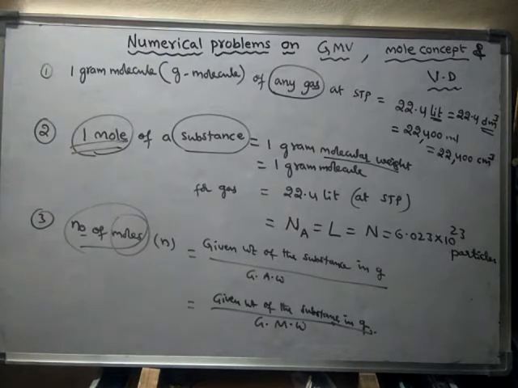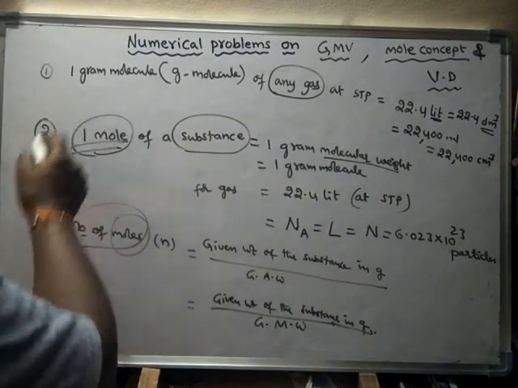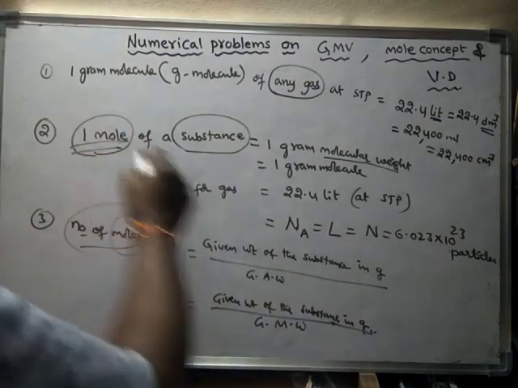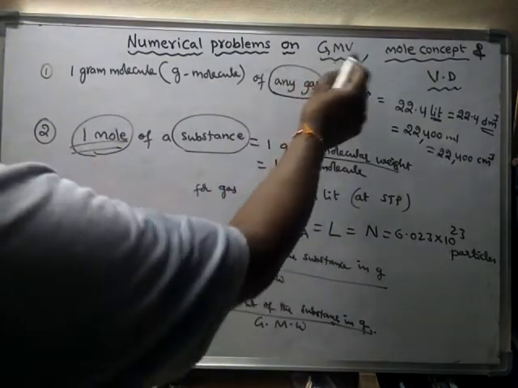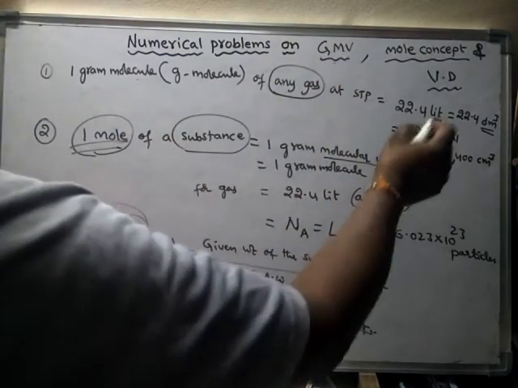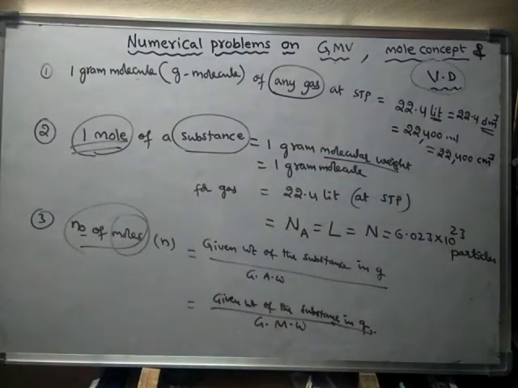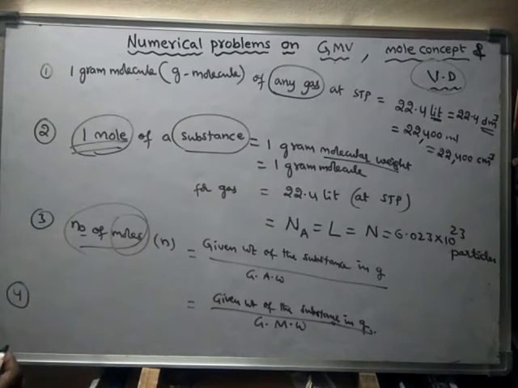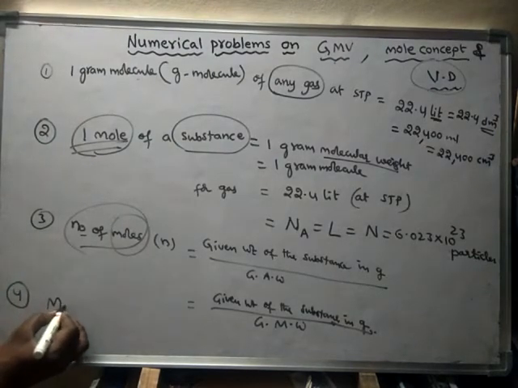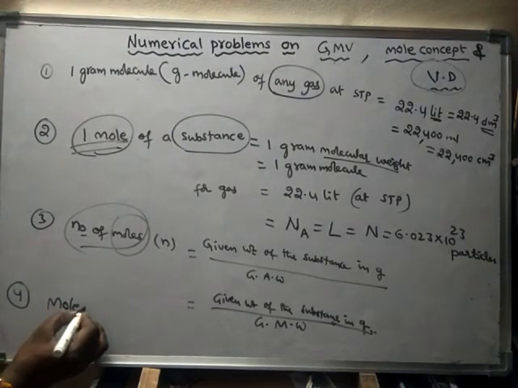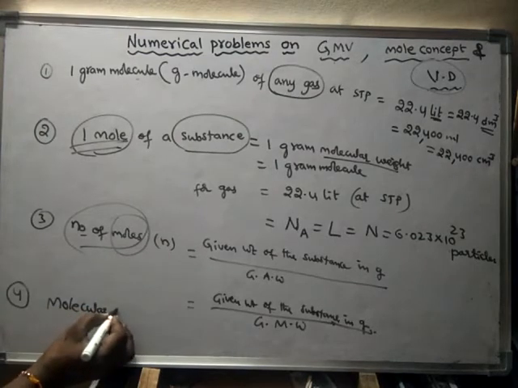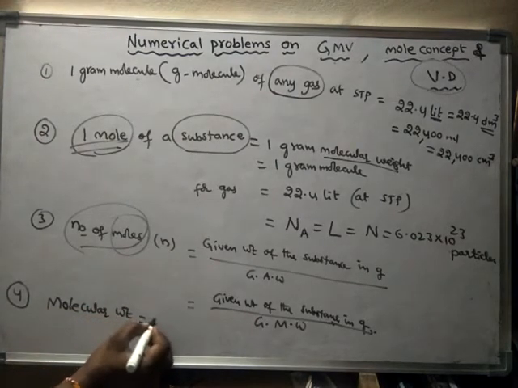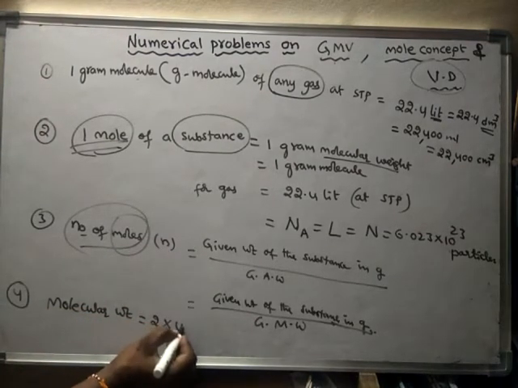And one more thing, these two are related to the mole concept. Gram molecular volume is this one. Vapor density: what is the formula of vapor density? Remember, molecular weight is always equal to 2 into vapor density.